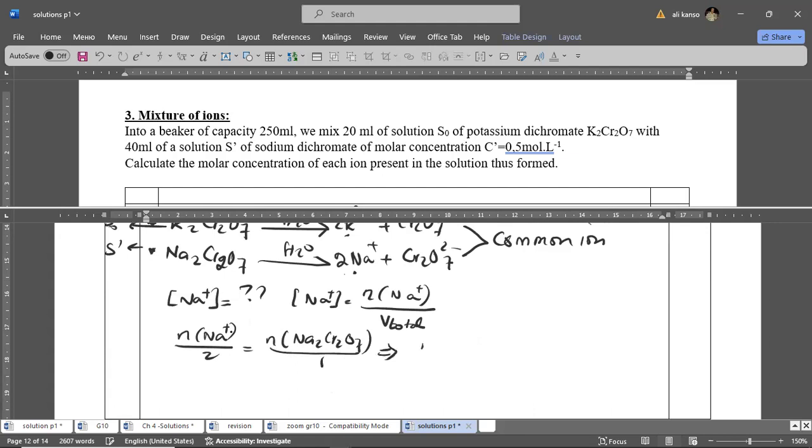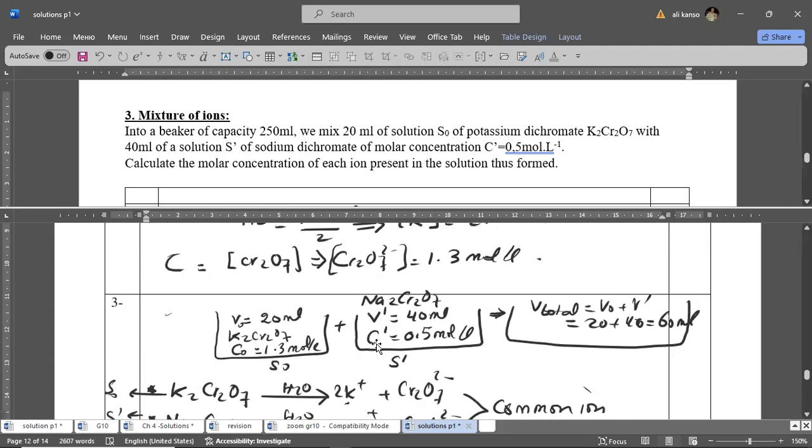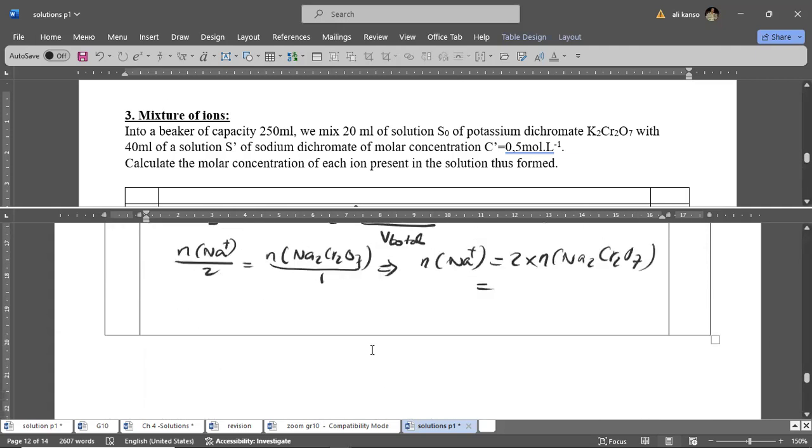This implies that N of Na plus equals 2 times N of Na2Cr2O7, and N of Na2Cr2O7 equals C prime times V prime.